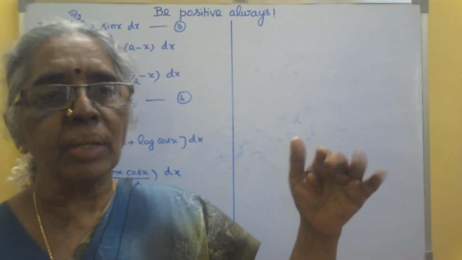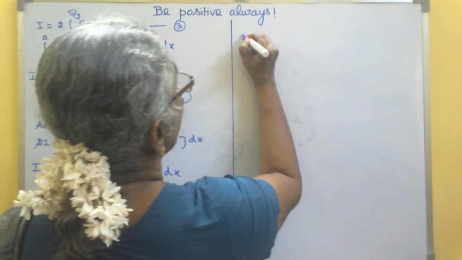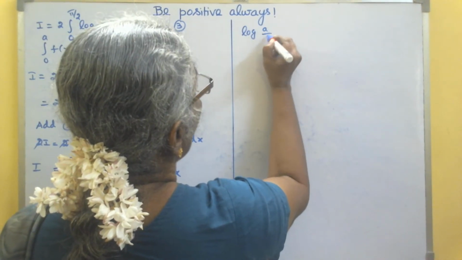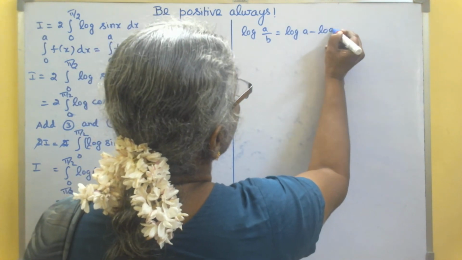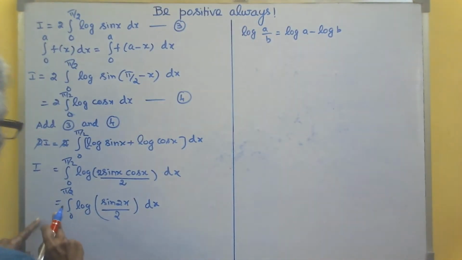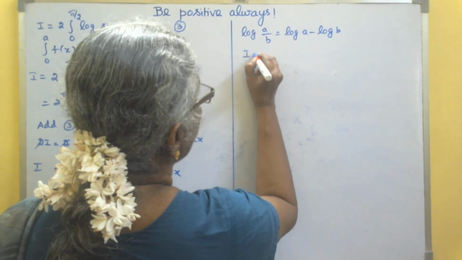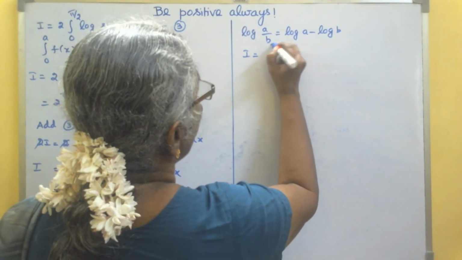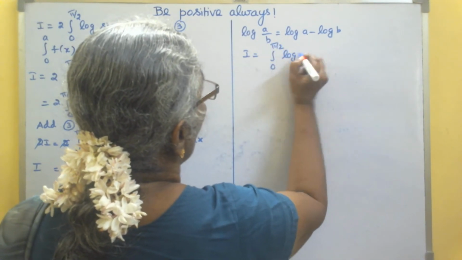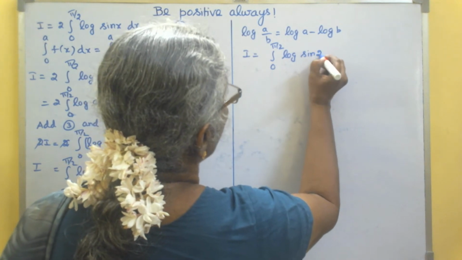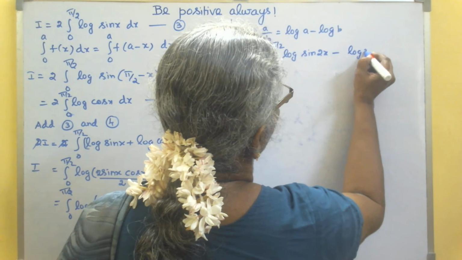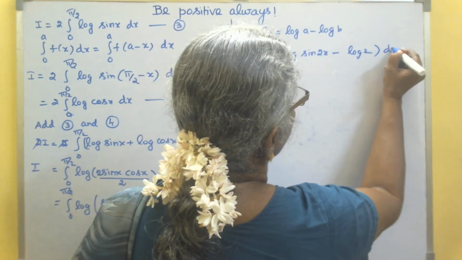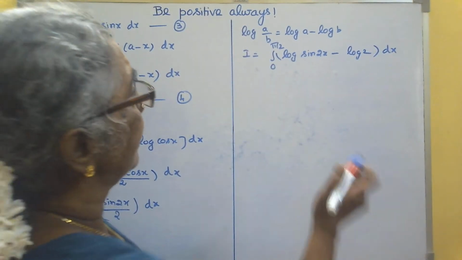I am going to use yet another log rule, log a by b is equal to log a minus log b. So now I will write I is equal to integral 0 to pi by 2 of log sin 2x minus log 2 dx. Let us split it into 2 integrals and write.